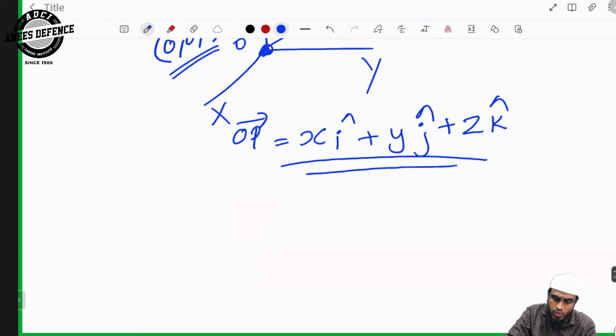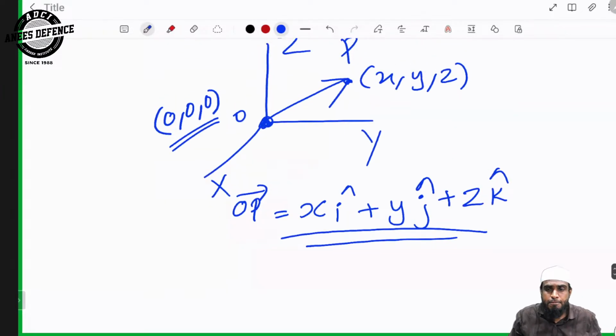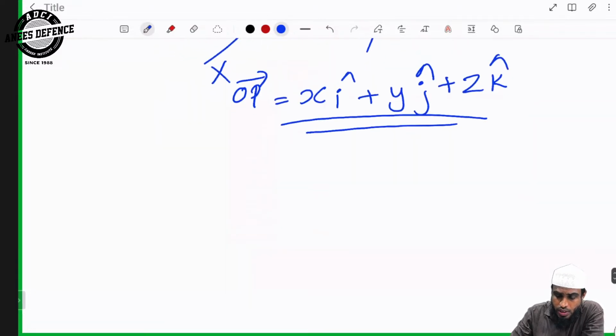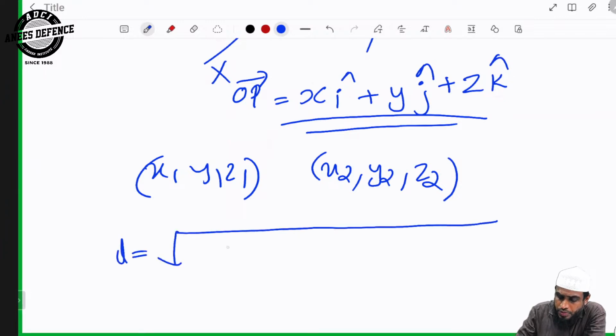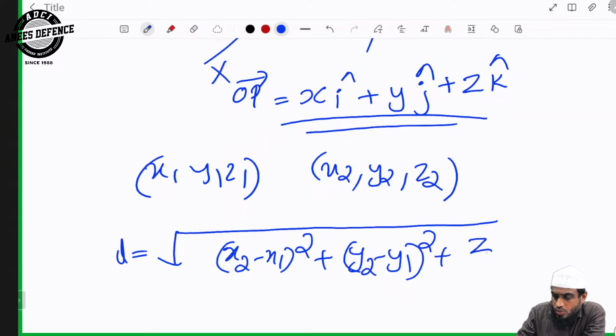In normal two-dimensional algebra, the distance formula, you know, if there are 2 points x1, y1, z1 and x2, y2, z2, then the distance between the 2 points can be represented as d equal to root of (x2 minus x1) the whole square plus (y2 minus y1) the whole square plus (z2 minus z1) the whole square. The same thing we can apply here.